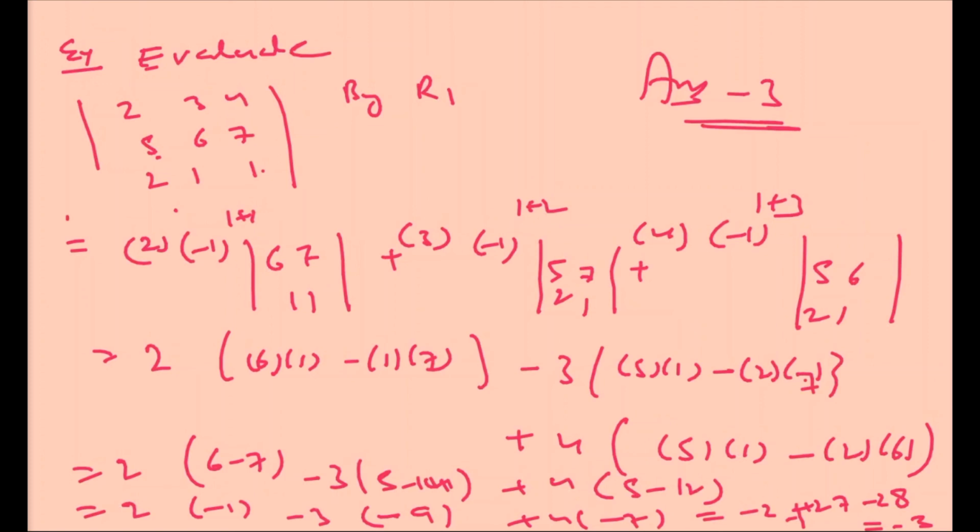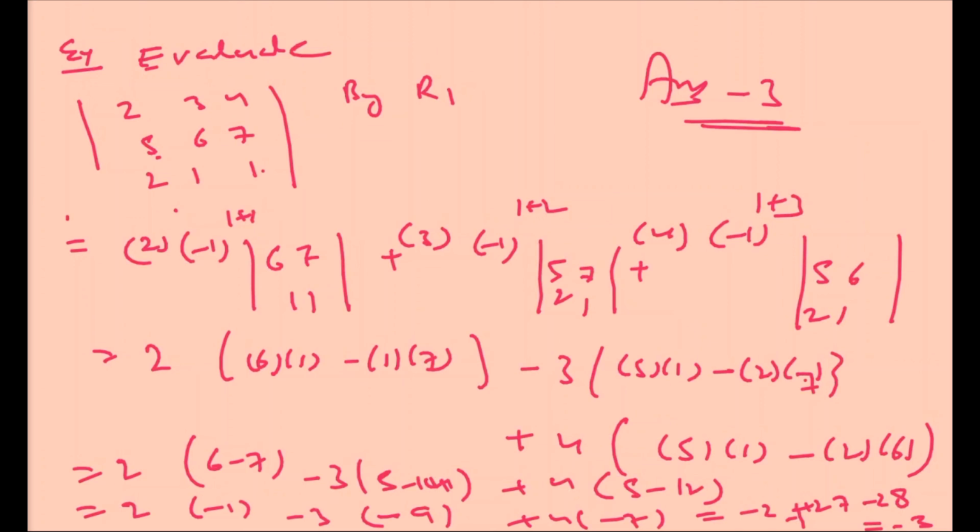So students, we have learned how to evaluate the determinant. In this lecture I have told you only this: what minors and cofactors are, and from R1, R2 or R3 how you can evaluate the determinant.